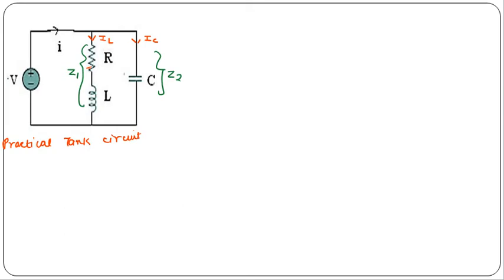Now let us draw the phasor of this practical tank circuit. As they are connected in parallel, the voltage will remain the same, so we will take the V phasor as reference. Now this IC is the current flowing through the pure capacitor, and we know that in case of a pure capacitor the current will lead the voltage by 90 degrees. So this is the IC phasor, leading the voltage phasor by 90 degrees.